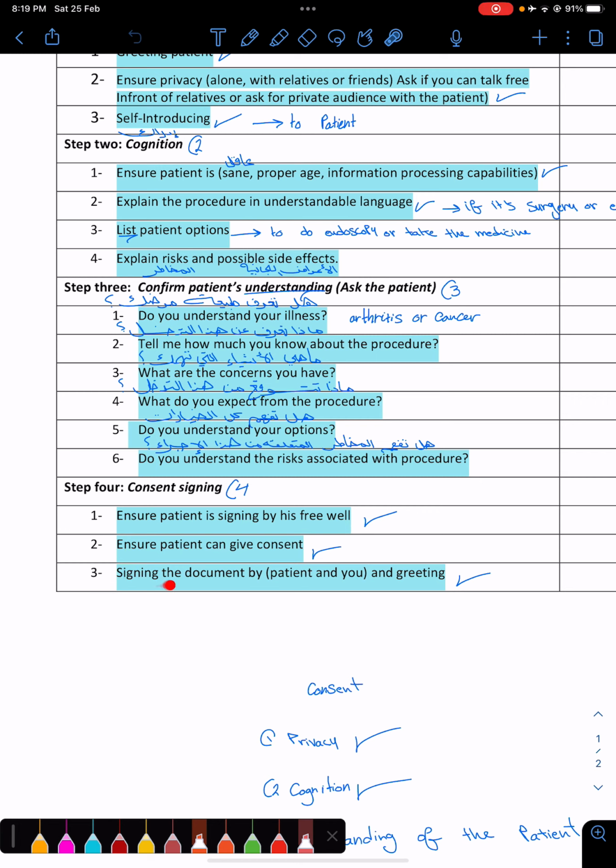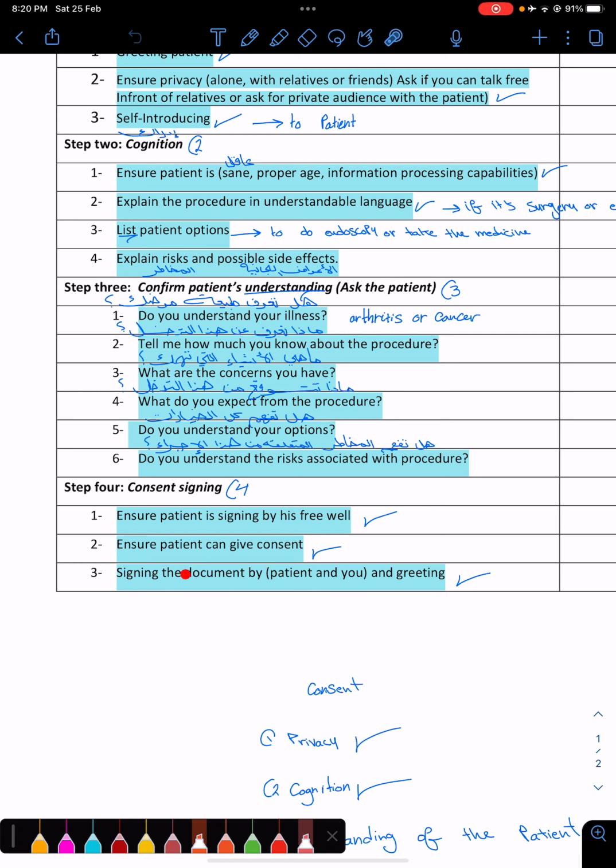Signing the document by the patient and you. This is the last step, which is your signature and the patient's signature, and that's it. We're done, and then greet the patient with thank you or something like this. Okay, the consent signing: ensure the patient signs of his free will, the patient can give consent.